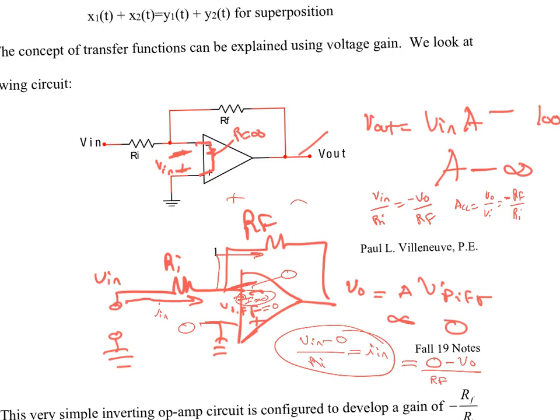So this is the gain. If I actually want to calculate what V out is equal to, I take my V in and multiply it by negative RF over Ri, and that's how I get it. So to get my output from my input, I just multiply by negative RF over Ri. That is the inverting op amp configuration, and we do that a bunch.